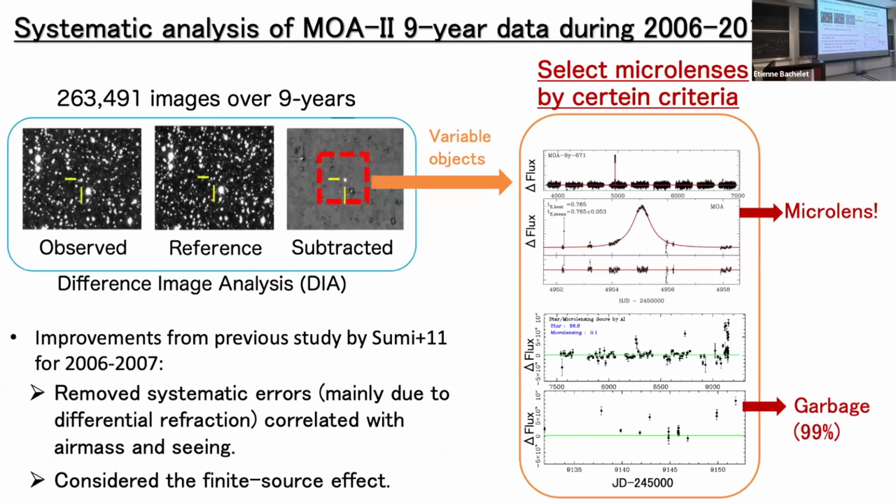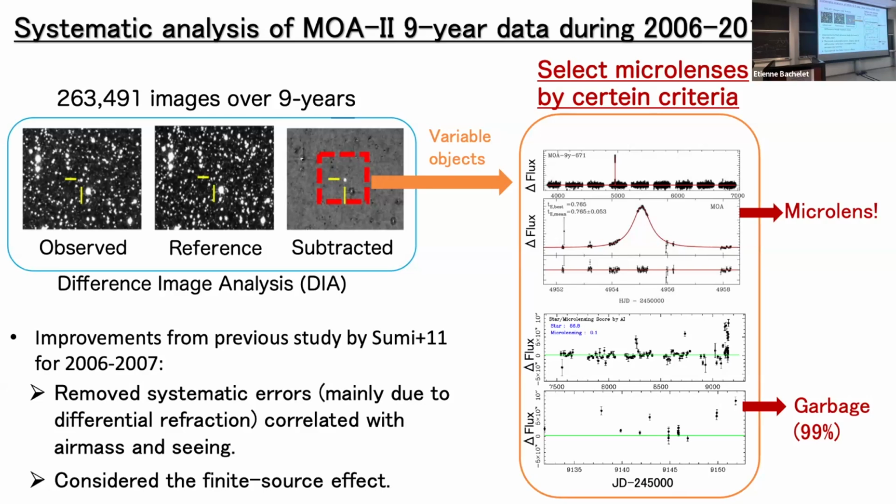So in this study, we systematically analyzed MOA-II data taken from 2006 to 2014. We used the difference image analysis technique to identify variable objects in more than 260,000 images taken over 9 years.